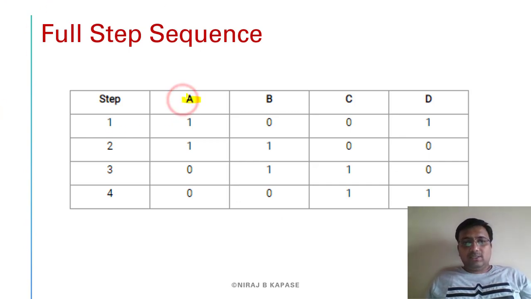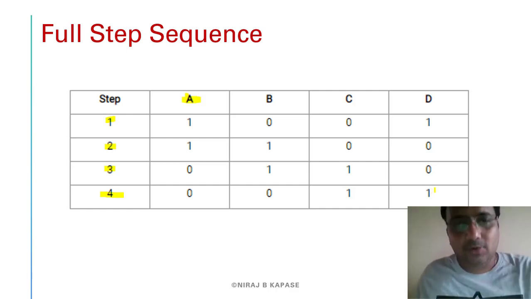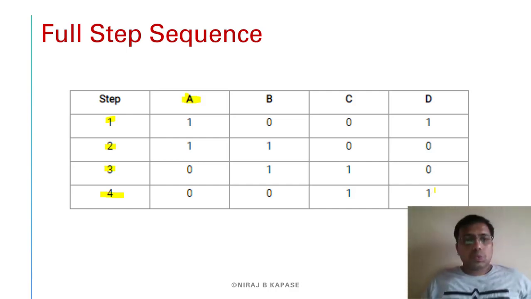Here are the coil connections A, B, C, D, and whenever the input is 1001, that is the first step. For the second step, the input is 1100. For the third step, 0110, and for the fourth step, it is 0011. So there are four steps available for rotation of the stepper motor.